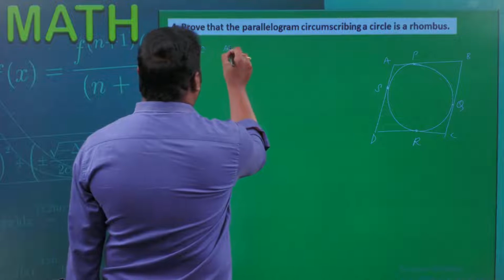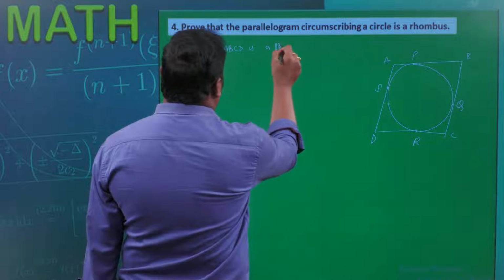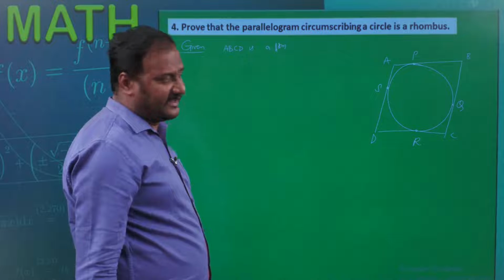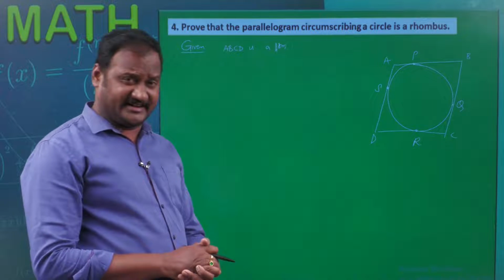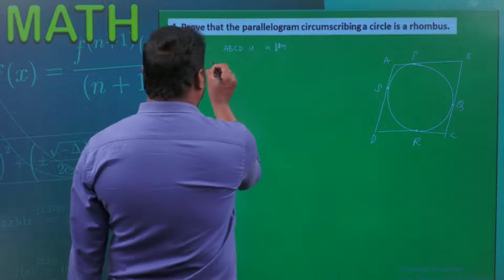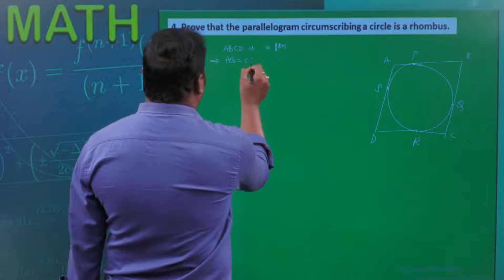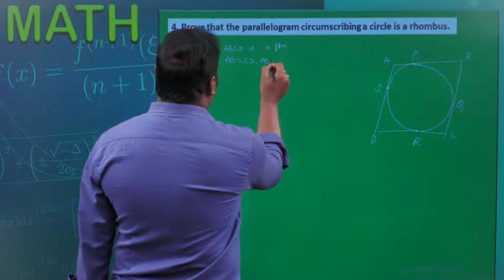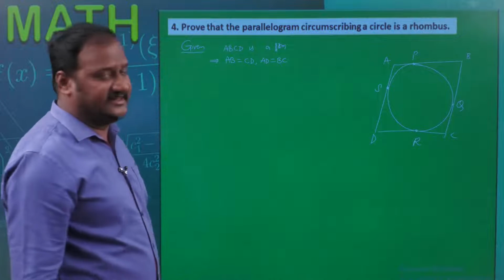ABCD is a parallelogram. What do you mean by parallelogram? In a parallelogram, opposite sides are equal. Opposite sides are equal means AB is equal to CD and AD is equal to BC.